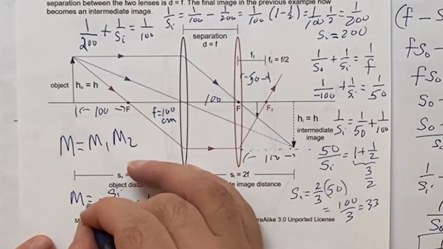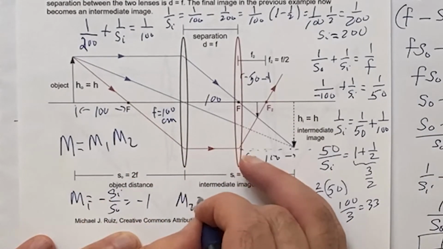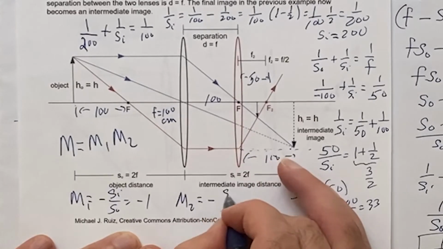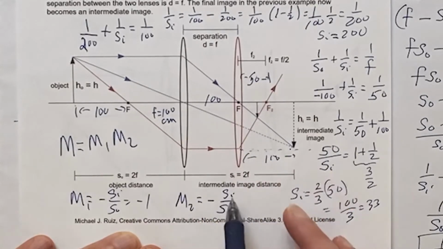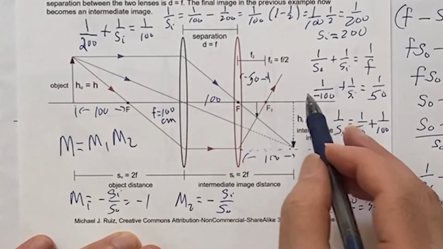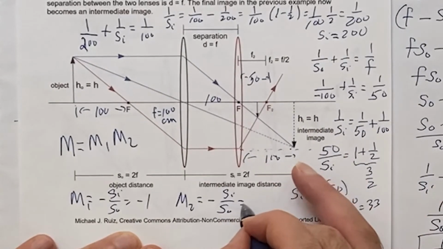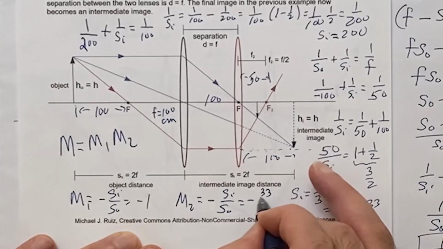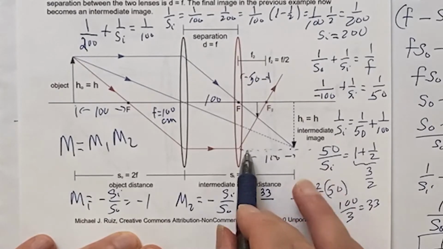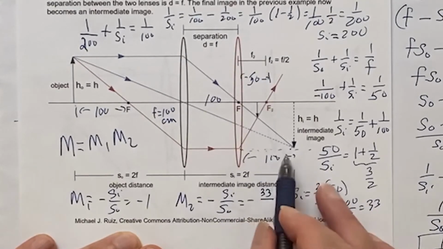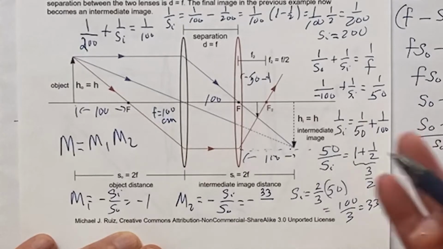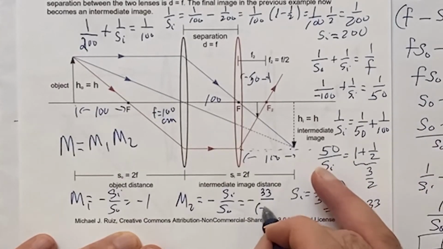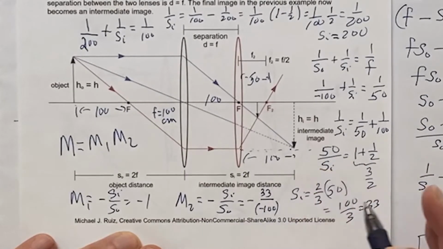Then for the second lens, it's minus SI over SO. The SI, we figured out to be 33. But what is the SO? The SO was -100 because it was on the wrong side, so that means -100.